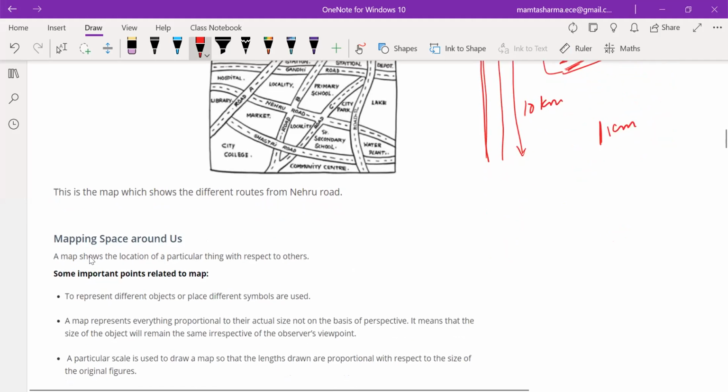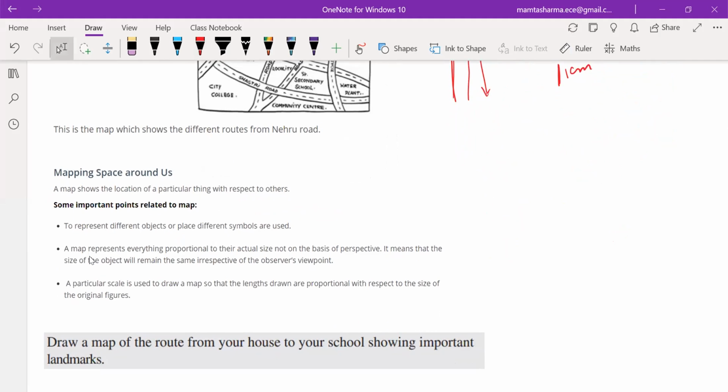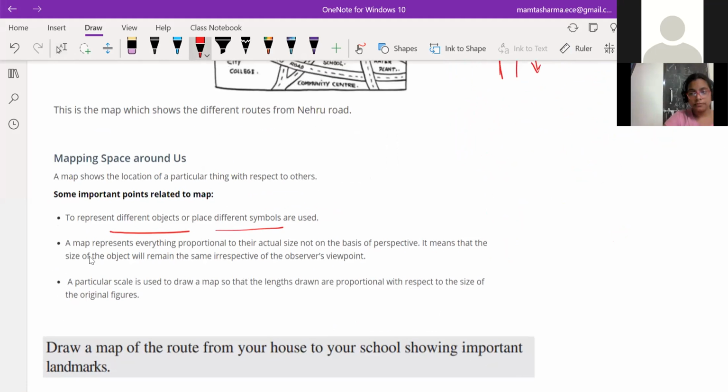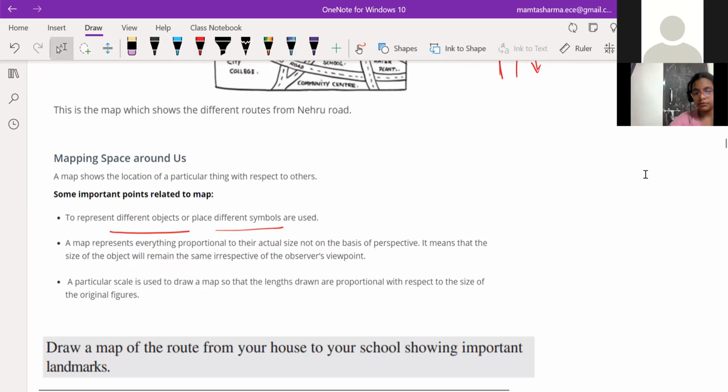So what is the important point about mapping? Mapping represents different objects or places, and different symbols are used. In Google Map you have seen that for different objects we use different colors or styles.